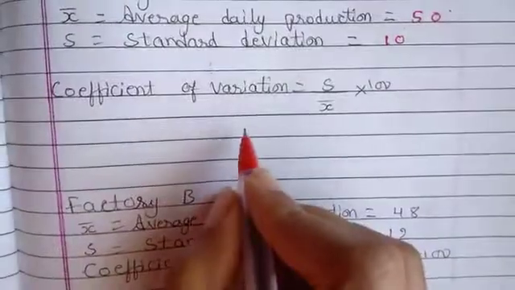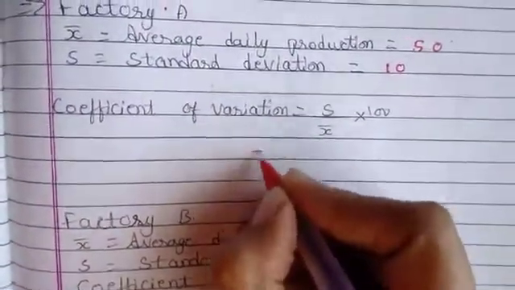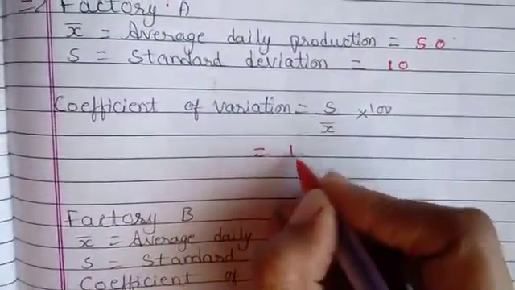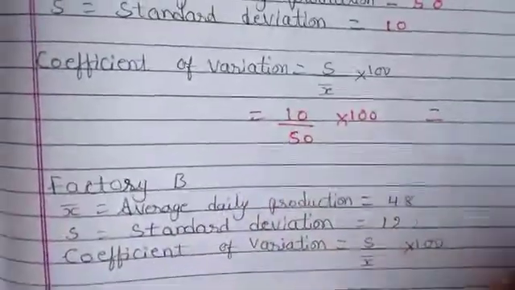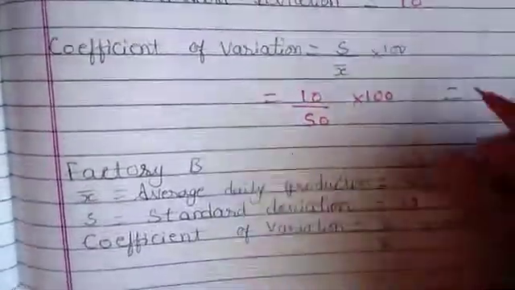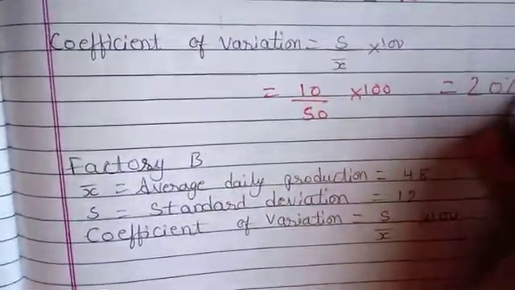So first of all we will calculate CV, that is coefficient of variation, S upon X bar into 100. So our answer will come 1000 divided by 50, that is equal to 20%.